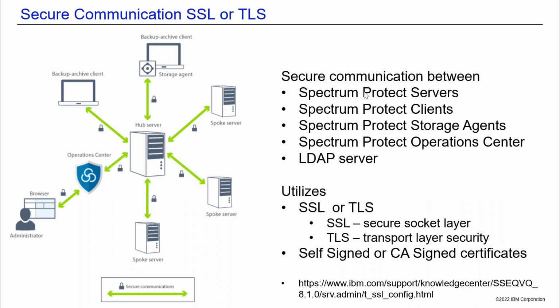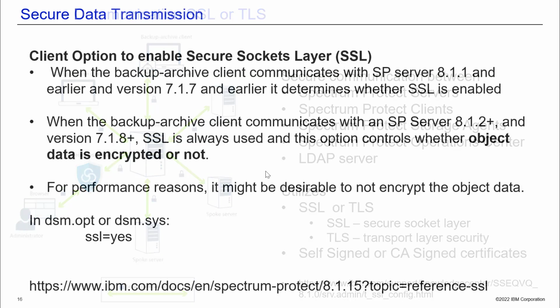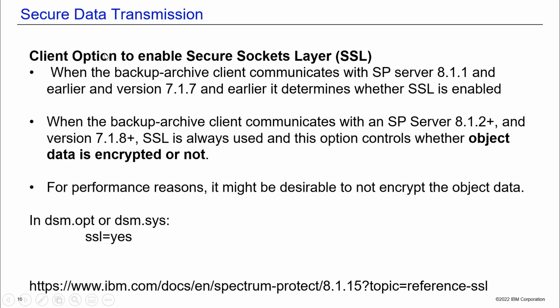Now, this SSL is by default only for secure communications. If you wanted to also use SSL for encrypting the data, when the data is passing between the clients and the server, we do have an option where in the client DSM opt or DSM sys file, you can set SSL equals yes.